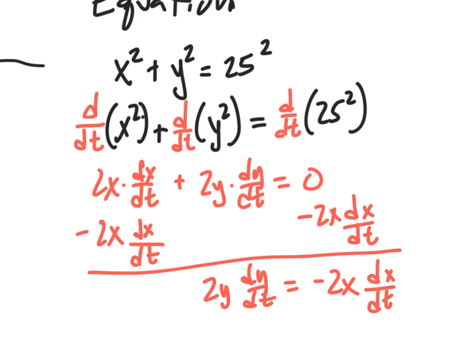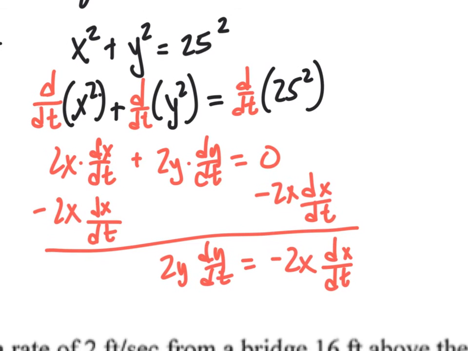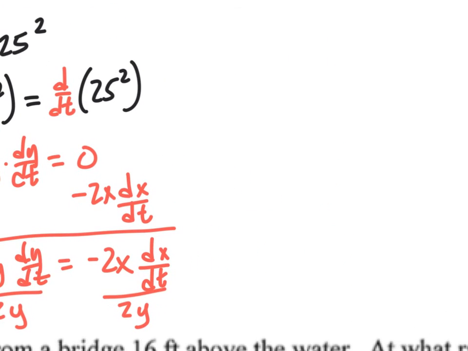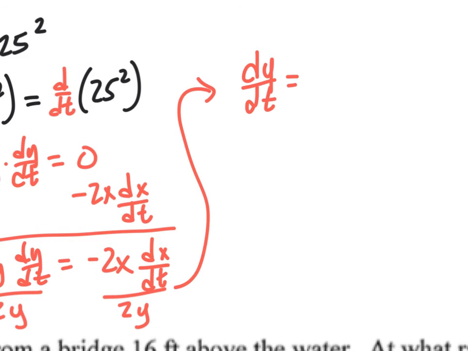Then I'm going to divide everything by 2y. The 2's divide out, so dy/dt is equal to negative x times dx/dt divided by y.